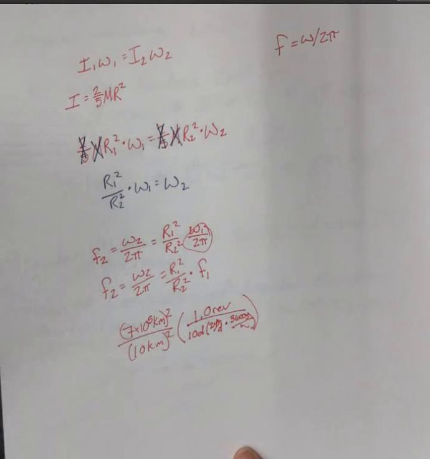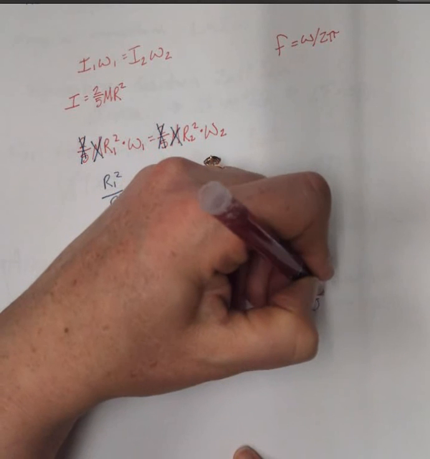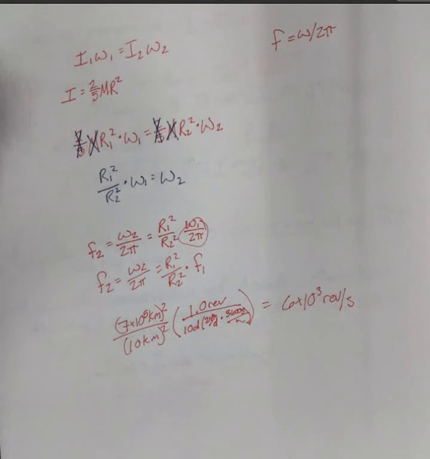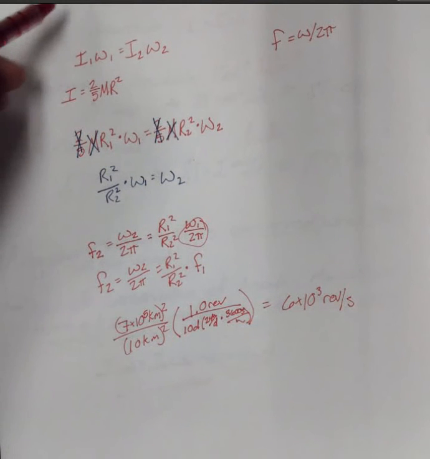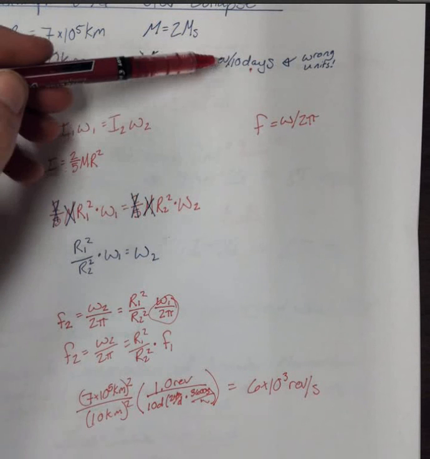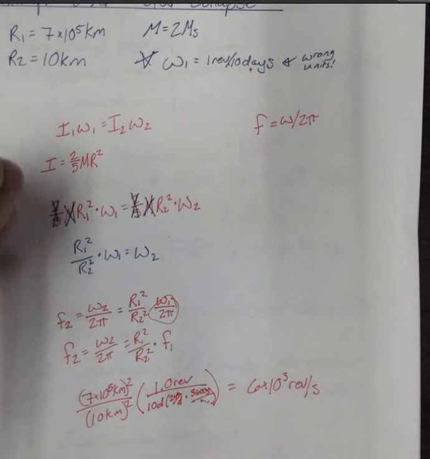And if I do that calculation, I end up getting 6 times 10 to the 3rd revolutions per second. So when a star collapses from a massive size down to 6 miles across, its rotation increases rapidly. It was doing 1 revolution every 10 days. Now it's doing 6,000 revolutions every single second.